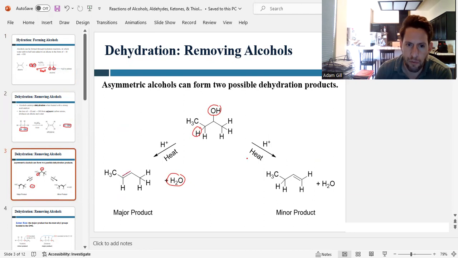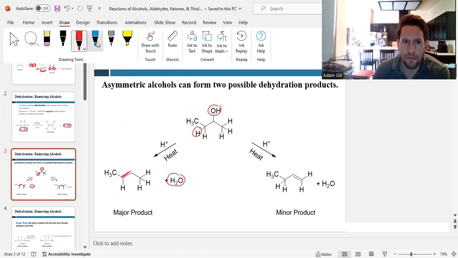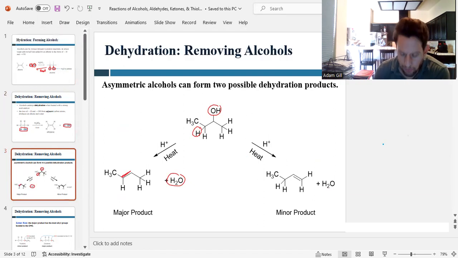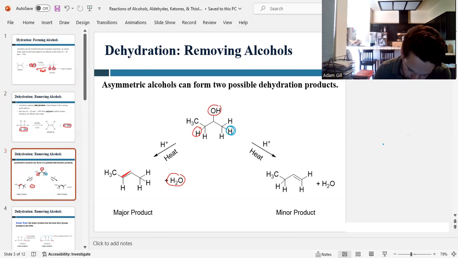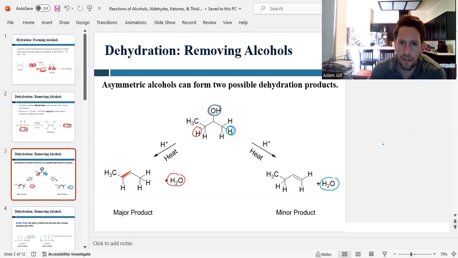And so that's how we form this double bond. Alternatively, you can remove a different hydrogen. So what if I remove this hydrogen and the alcohol to form water? Well, now the double bond is going to be here between those two positions.